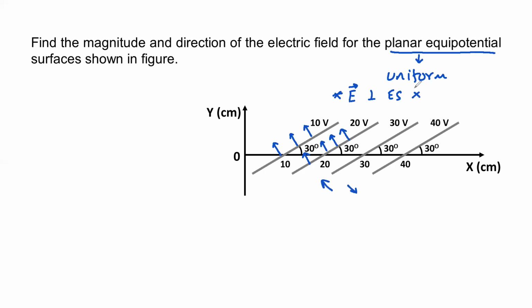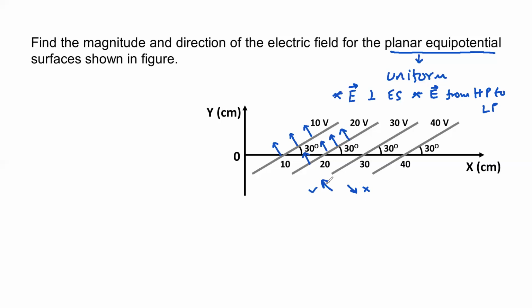We know that the electric field is directed from higher potential to lower potential. So you can see that this sense is from lower to higher potential, so this is wrong, and this one is from higher to lower potential. So this is right. Okay.